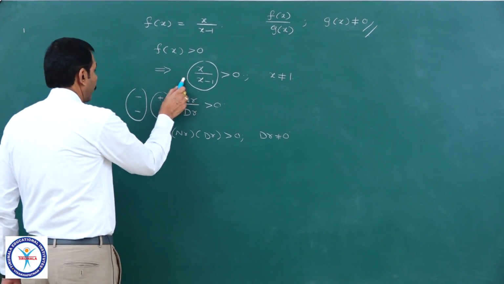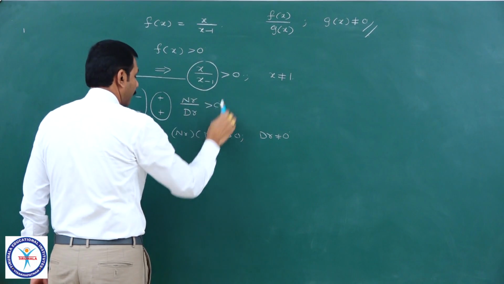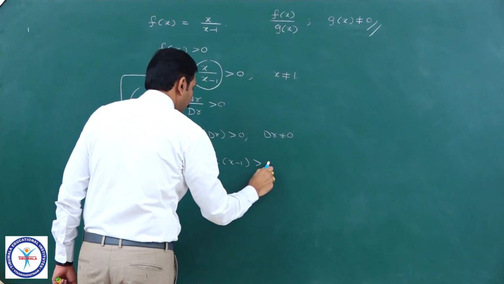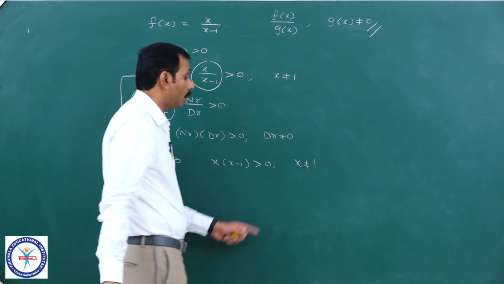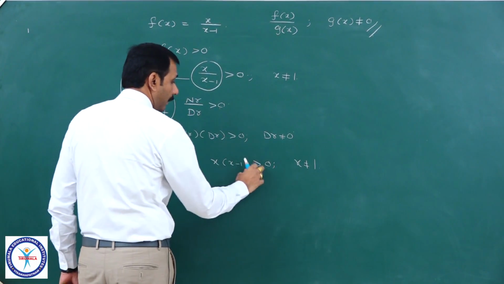Therefore, coming to this one, x by x minus 1 greater than 0 means I can write x into x minus 1 greater than 0, where x not equal to 1. Don't forget to write that one.